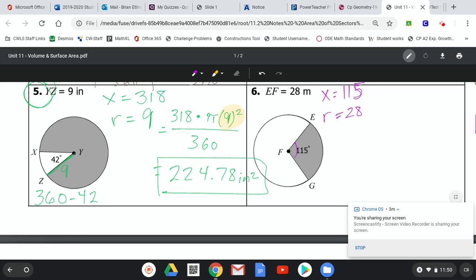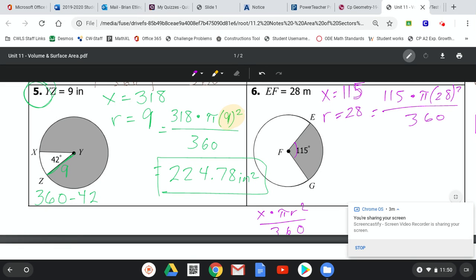So we plug that in because our formula is x times pi r squared divided by 360. So we do 115 times pi times 28 squared, divided by 360.